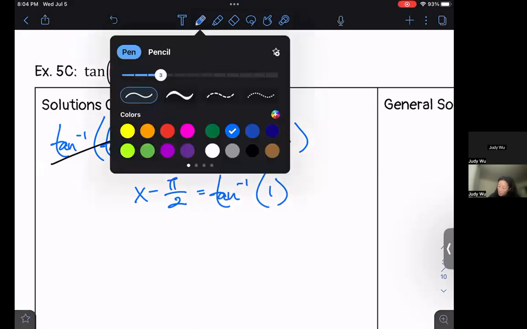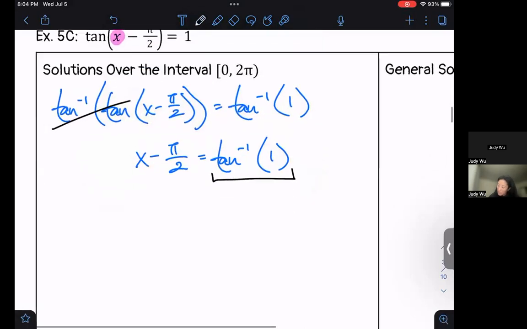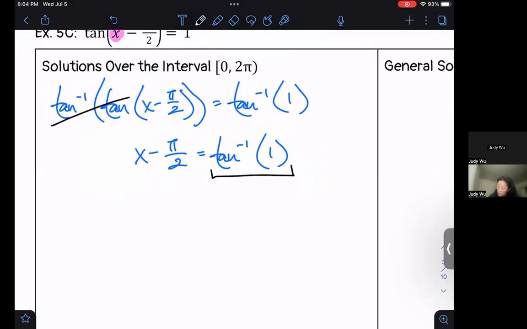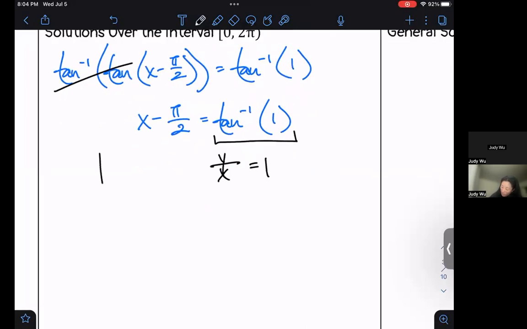Now, what is this asking us for? This is asking us for the angle where y over x, when I divide them, I end up with 1, all right? So what's helpful here maybe is to, again, draw a picture, see if we can figure out where this angle is.